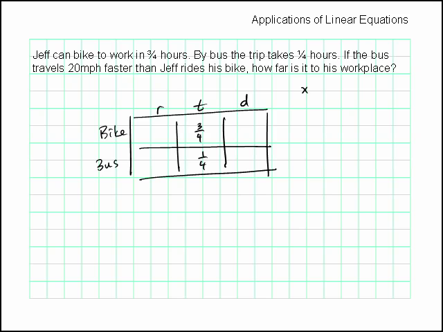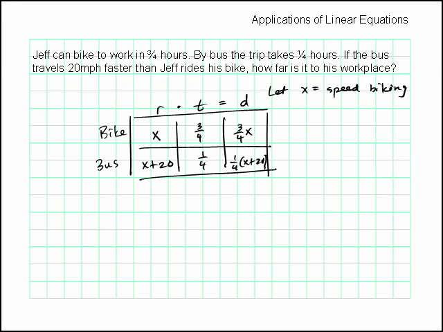So if we let x equal the speed biking, that's an x. The bus goes 20 miles per hour faster, so the bus's speed is x plus 20. Now I'm going to find the distance. Remember that rate times time does equal distance, so I'm just going to multiply across: 3/4 x, and this will be 1/4 times x plus 20.